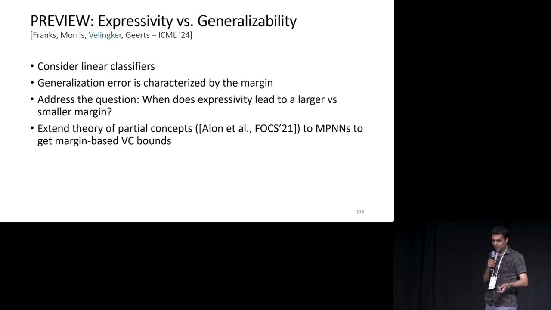There's a lot of interesting theory in the work. There's this nice paper on the theory of PAC learning and partial concepts from Alon, and we essentially extend this to MPNNs. This gets margin-based VC bounds.